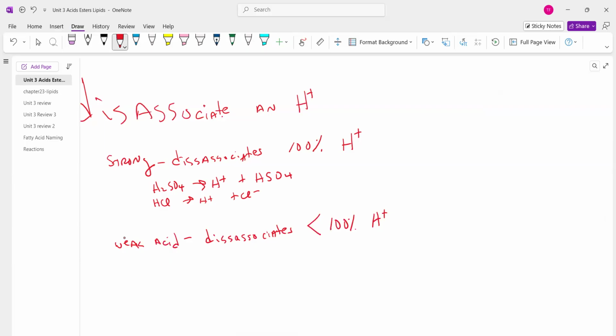Acetic acid is a very common one. Now, if a compound has an H in it, it could be an acid. But unless the H disassociates as H plus, it's not an acid.